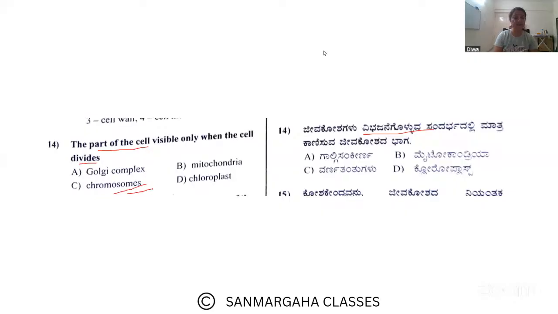Okay, and chromosome visible always inside the nucleus? No, it is not. So it is not always visible inside the nucleus.